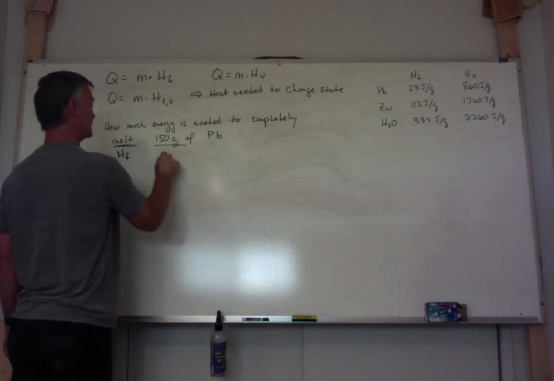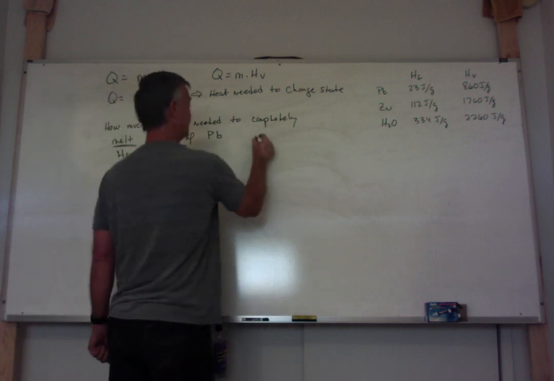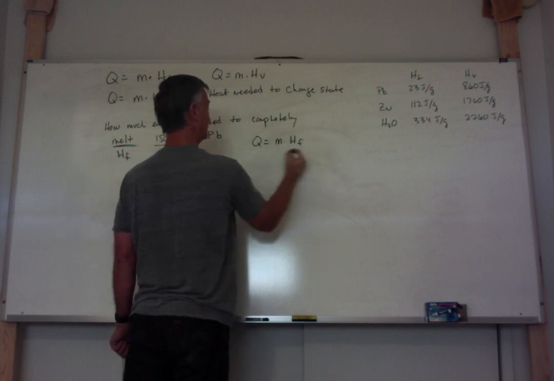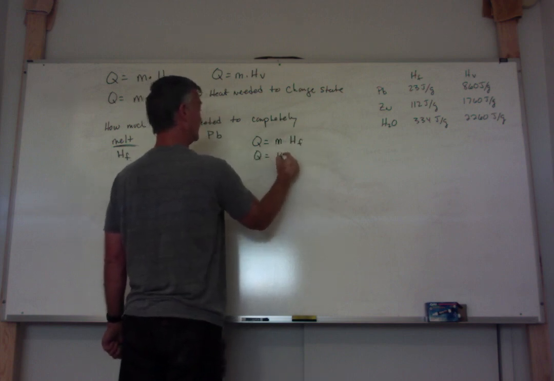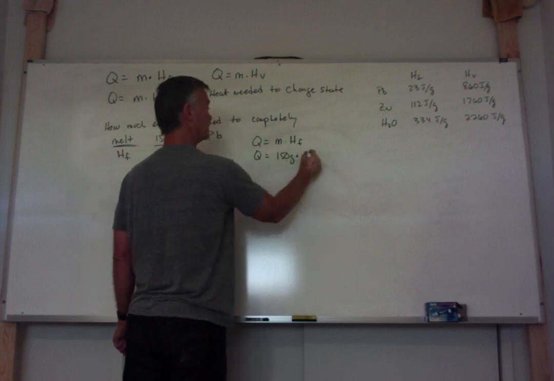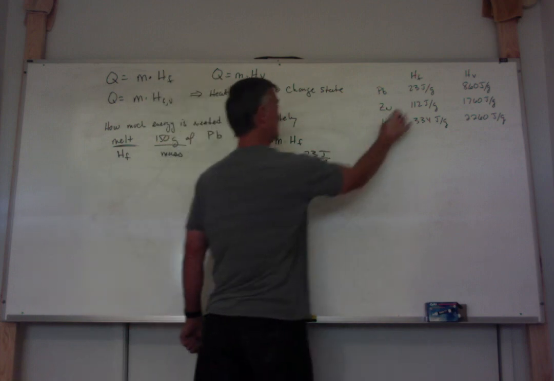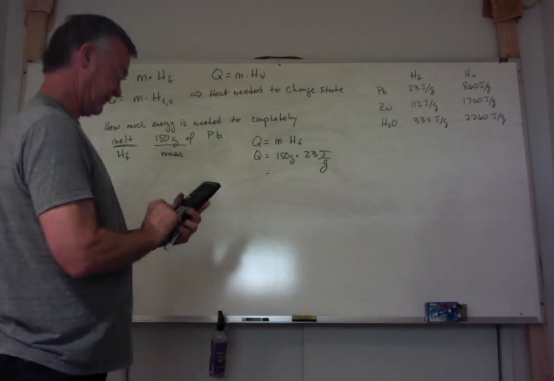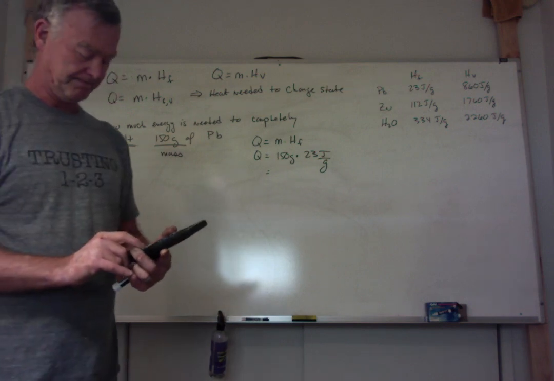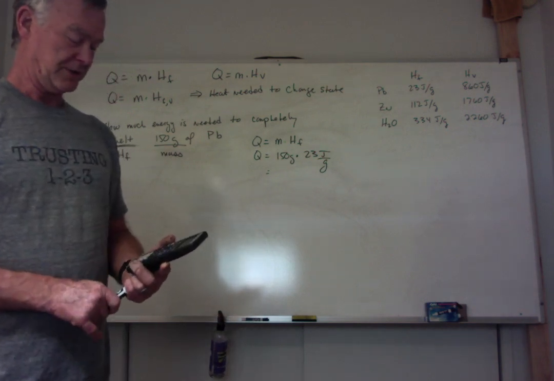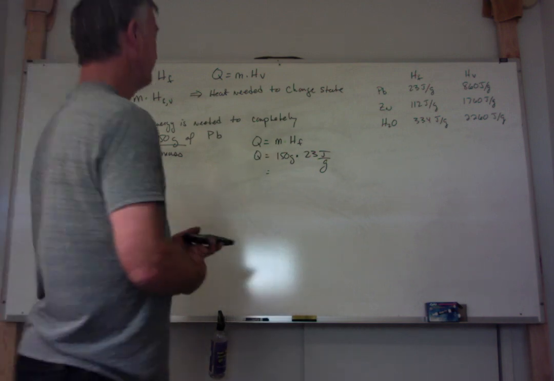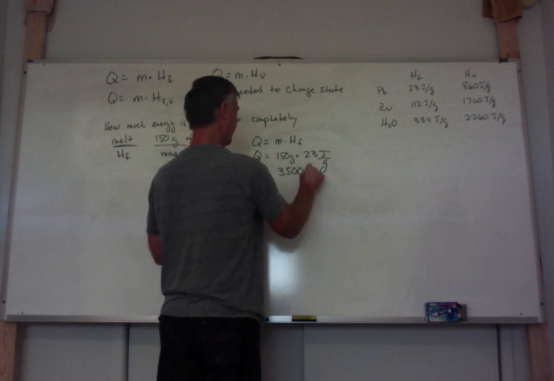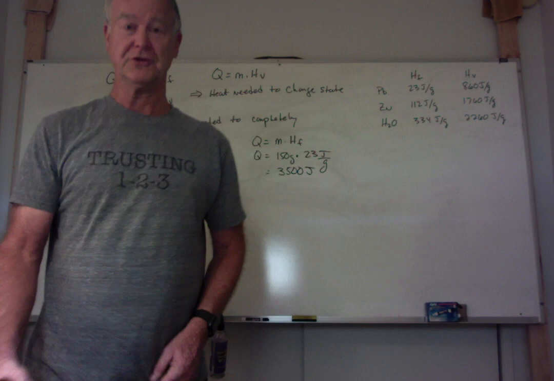We have our mass, and all you need to do is go Q is equal to mass times heat of fusion. Q then is 150 grams times 23 joules per gram from right there. And now we would simply multiply those together. 150 times 23 is 3450. But because of two significant digits, we could round that off to 3,500 joules.